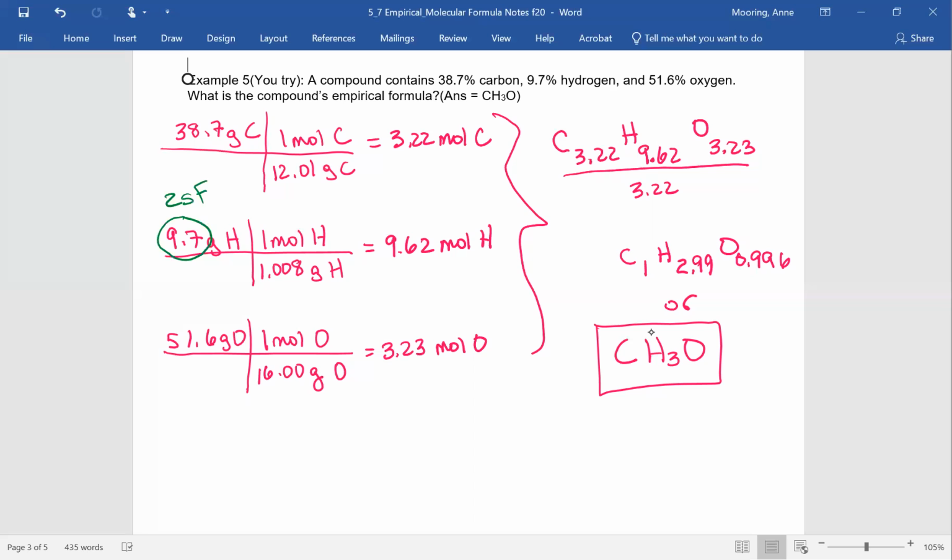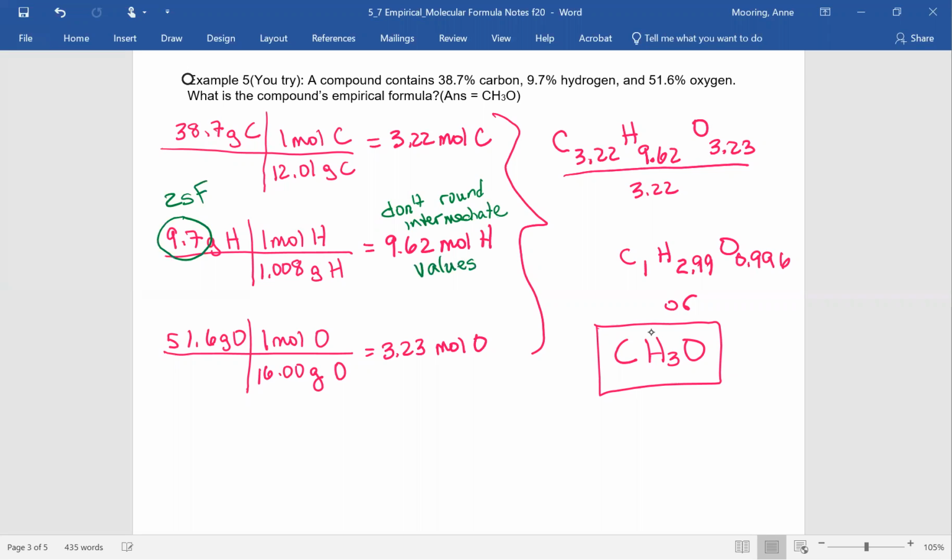I did not round here. So one of the rules when you're doing long equations is don't round intermediate values. So I went one value past the decimal point so that I would not lose precision when I go to figure out what the reduced formula is. So don't round intermediate values.